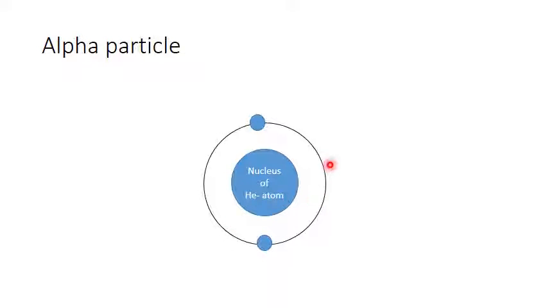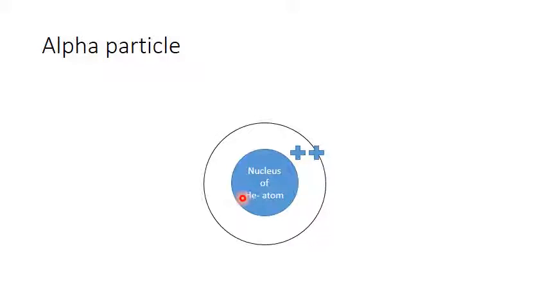So, let us first understand what an alpha particle is. To understand the alpha particle, let us take a helium atom. This is the nucleus of the helium atom. And how many electrons does a helium atom have on its outermost shell? Two. Fine. Now, let us remove one electron. If one electron is removed, then it gains a positive charge. Let's remove the other electron also. Then it gains one more positive charge.